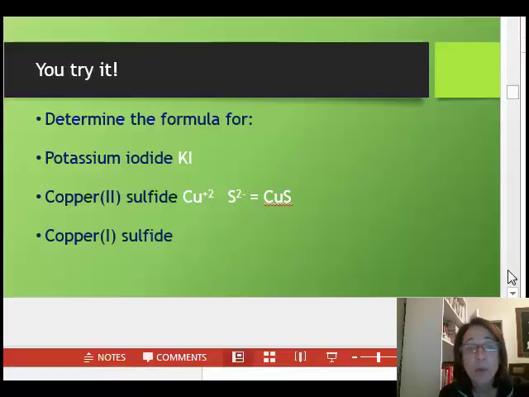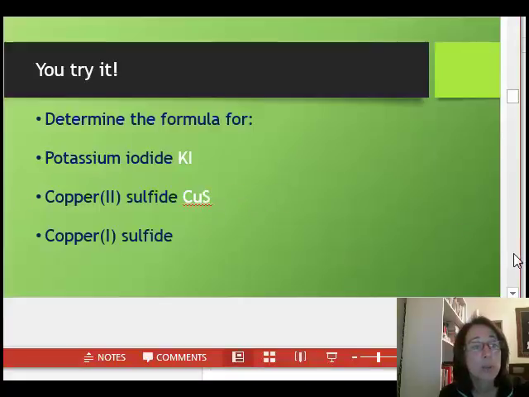For copper 1 sulfide, we know that the copper cation has a charge of +1, since the Roman numeral 1 stands for the charge of the metal cation, and sulfide has a charge of -2. Since these charges don't cancel out in a 1-to-1 ratio, we have to determine the least common multiple of 1 and 2, which is 2.